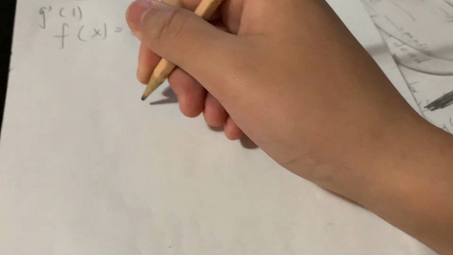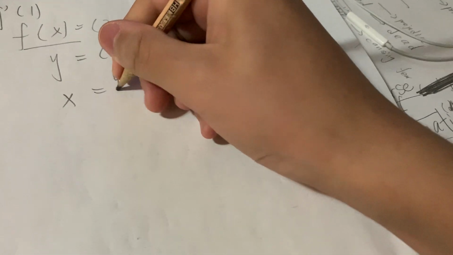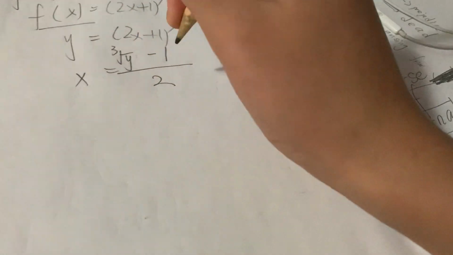So we know that this is equal to this. We put this as y, and we represent it in terms of x.